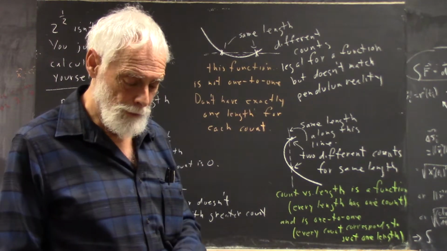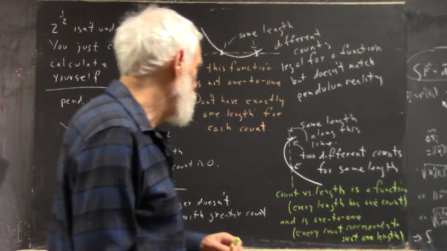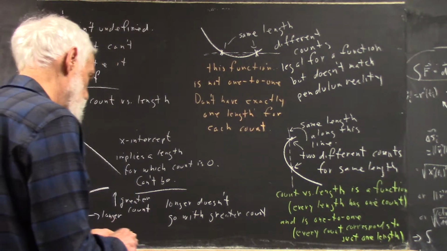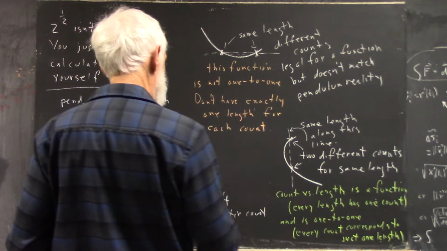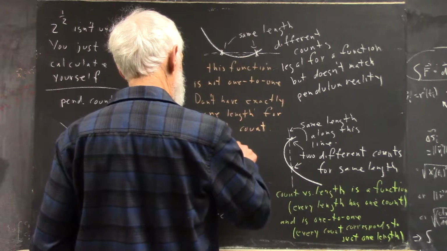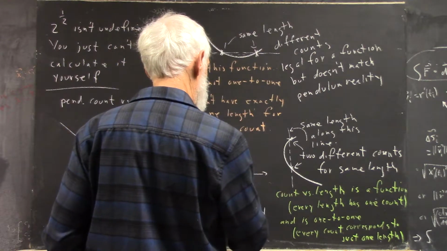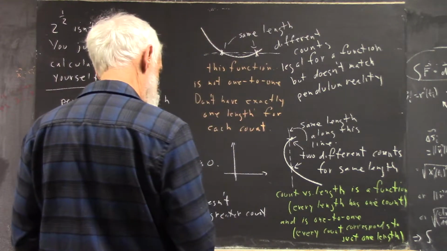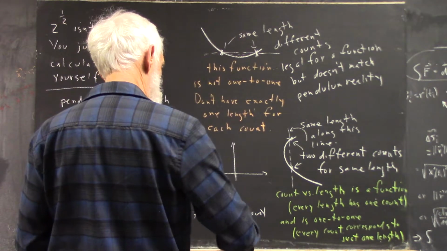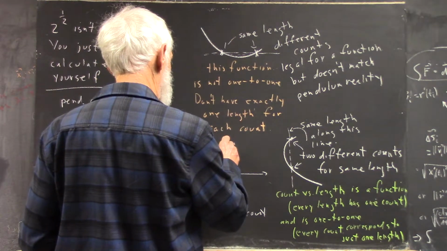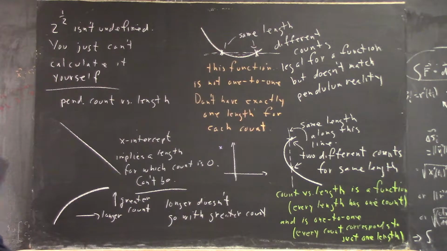These are important characteristics. Okay. What about domain? What's wrong with this point? Could that point be on your graph? Why not? Negative length.